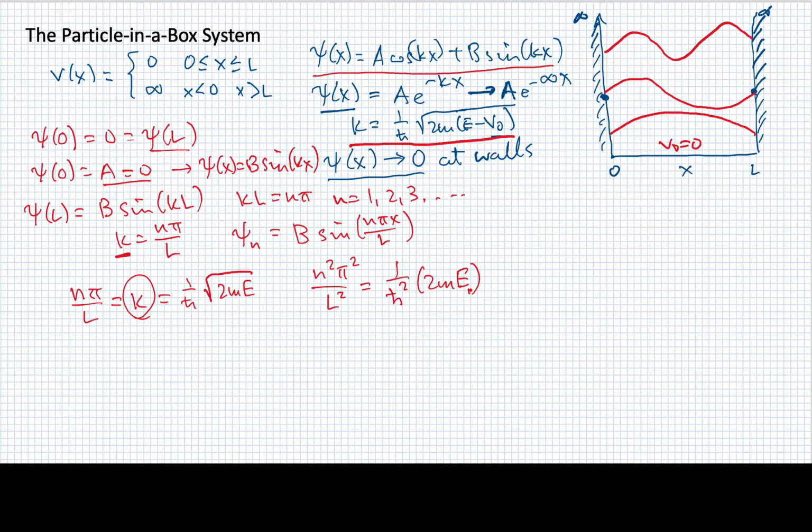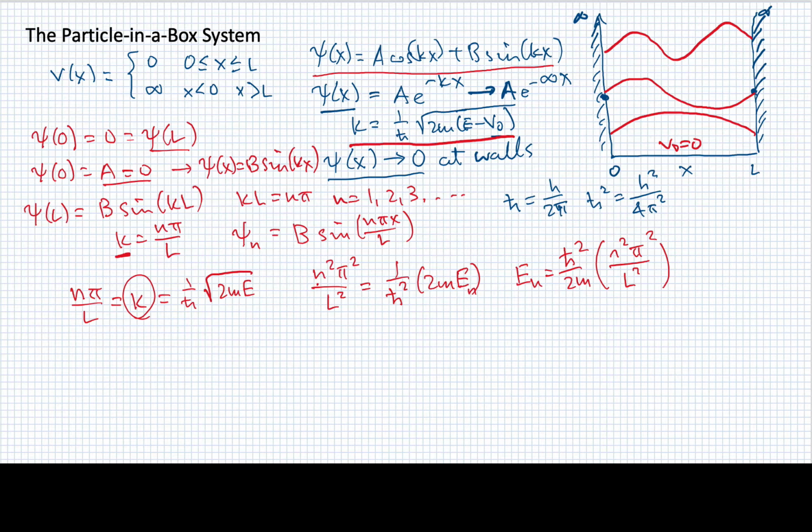And now I might as well label the energy with the same number n because it will vary depending upon the value of n. So now if I rearrange this, En is going to be h bar squared over 2m times n squared pi squared over L squared. But h bar squared, remember h bar was equal to h over 2 pi, so h bar squared is going to be h squared over 4 pi squared.